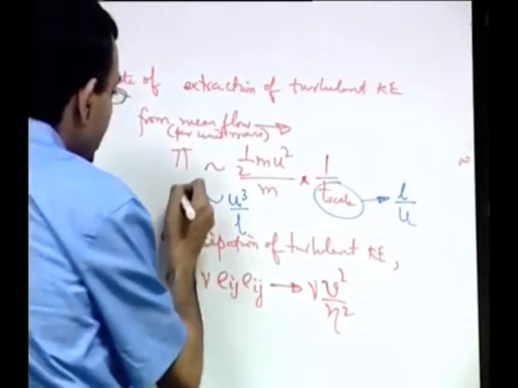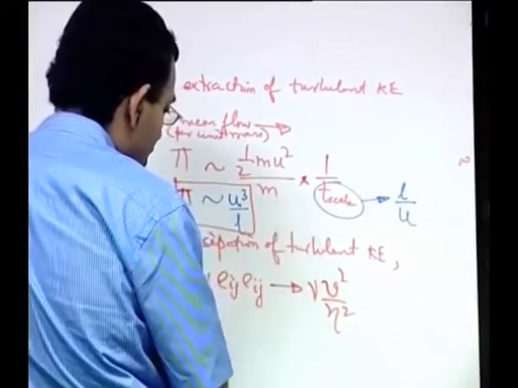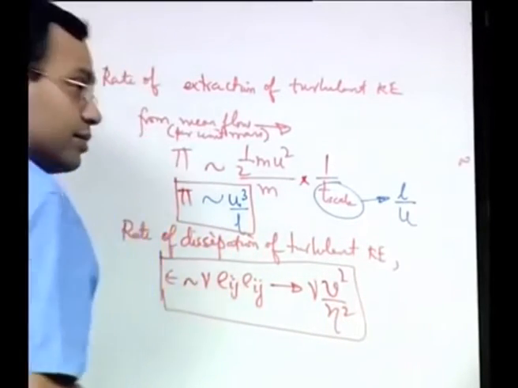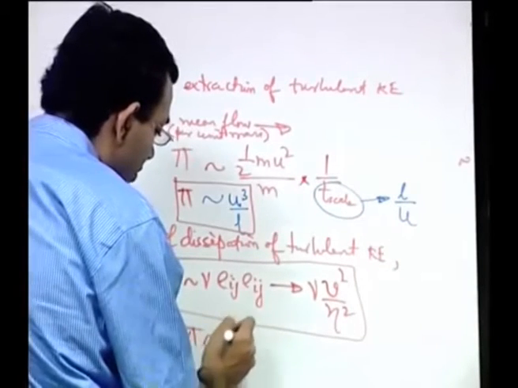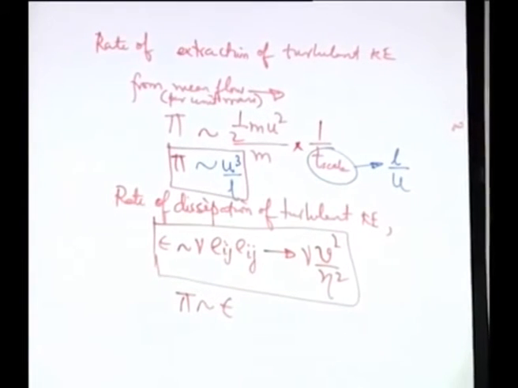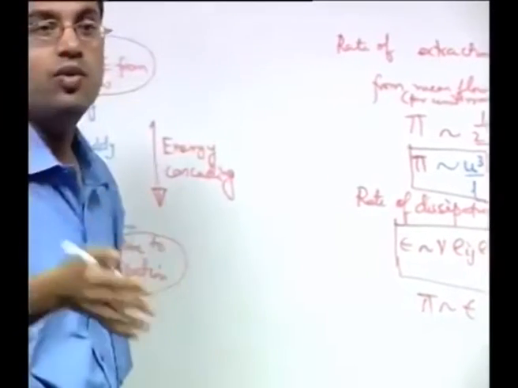So we have an expression for pi of the order of this, which is one expression, then epsilon of the order of this one. Then for having a dynamic balance you must have pi of the order of epsilon, so that there is no sort of storage of energy at any intermittent condition. So whatever energy has been extracted, the same energy is dissipated, and this goes on in a cycle.